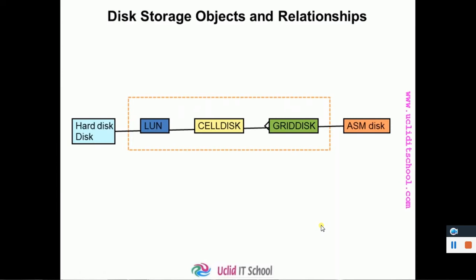On every LUN, we create a cell disk. There is a create celldisk command. Then on every cell disk, you can create a multiple number of grid disks or a single grid disk. Once a grid disk is created, it is exposed to ASM as an ASM disk. So within ASM, you create ASM disk groups utilizing all these grid disks. So that is how the disk space is provisioned.